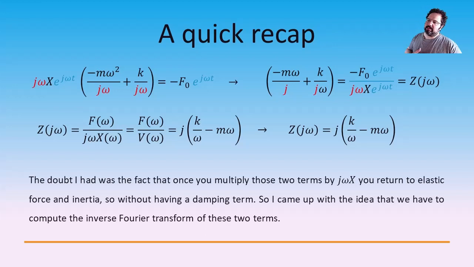The doubt I had in the previous video was that once you multiply those two terms of the impedance by j omega x, you return to the elastic force and inertia, without having a damping term. So I came up with the idea that we have to compute the inverse Fourier transform of these two terms to put them in the equation of motion in time domain.